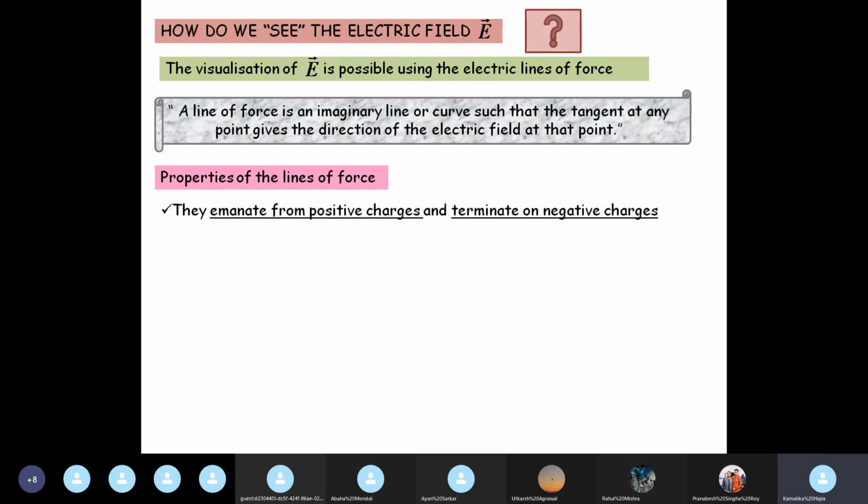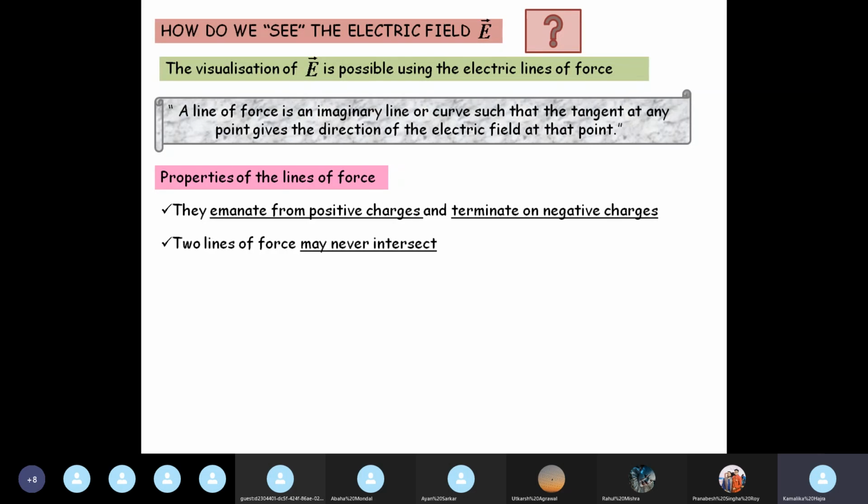What are they? First, they always start from positive charges and they always terminate on negative charges. An electric line of force will always start from a positive charge and will always terminate on a negative charge.